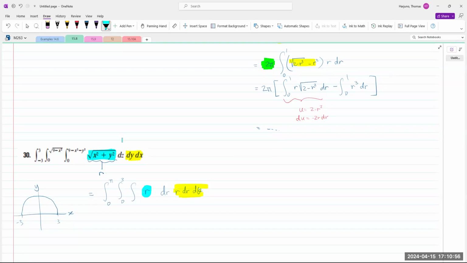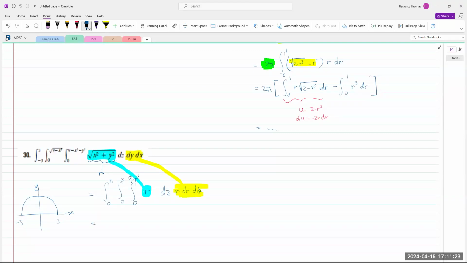So notice that we have one r coming from the integrand and another r coming from the change of variable. Now how about the dz? I'm sorry, this should be dz here. It will be from 0 to 9 minus r squared.